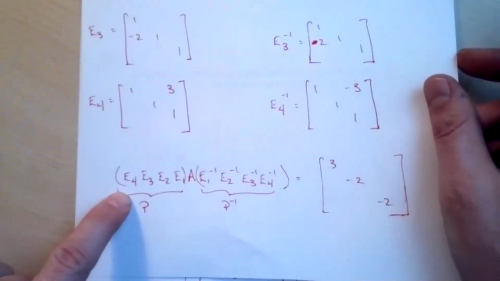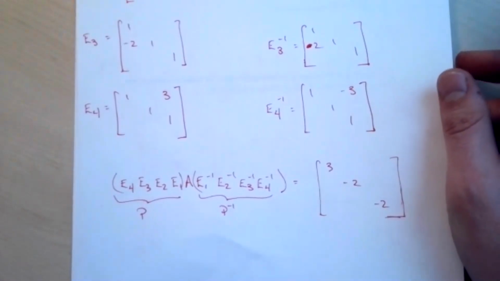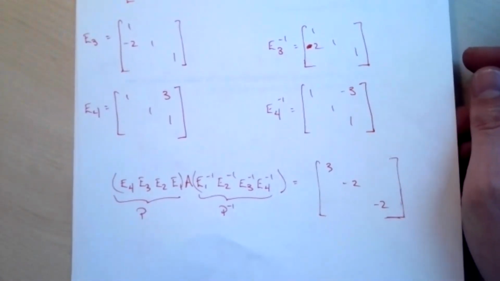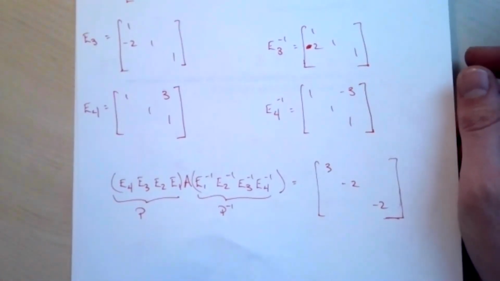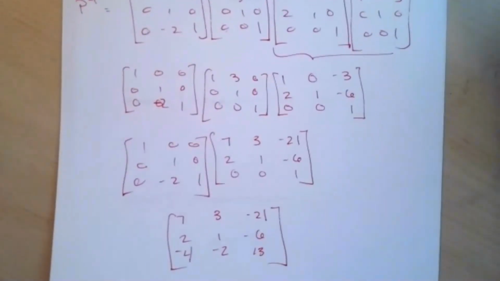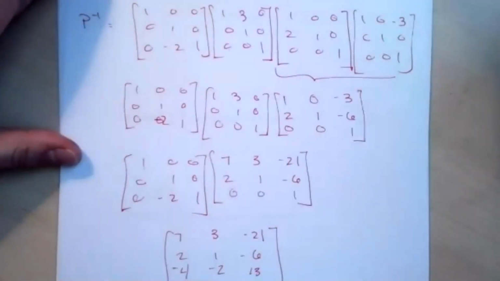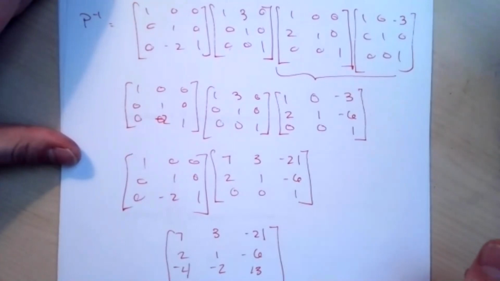We could have labeled this guy as P inverse and this guy as P. That's how the book does it. It doesn't matter which one you label, as long as their positions are correct. And so when we're computing the term on the right that follows the matrix A, that's the one that gives us our eigenvectors and eigenvalues.